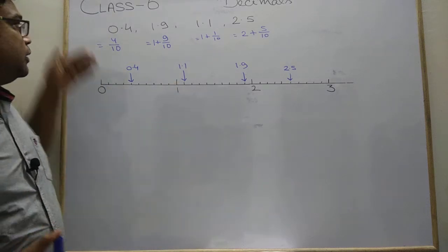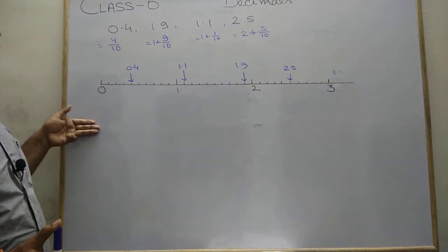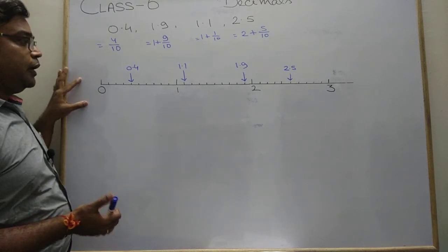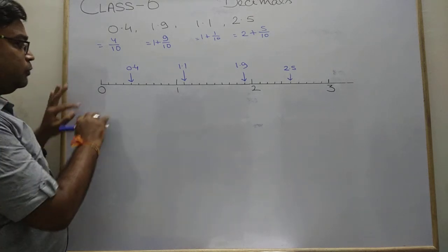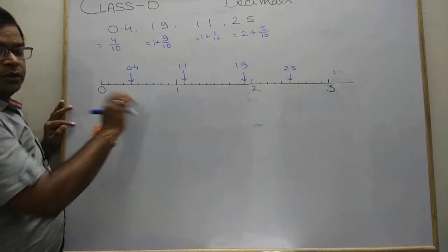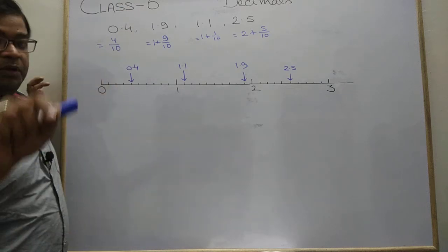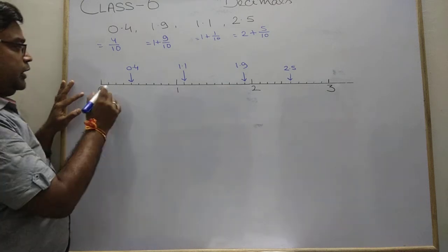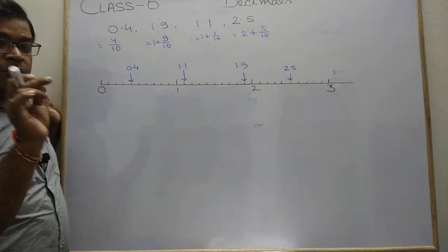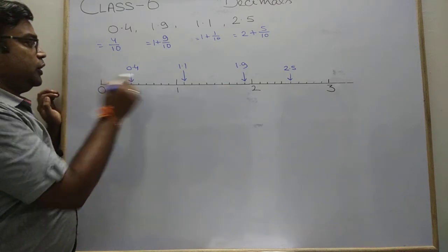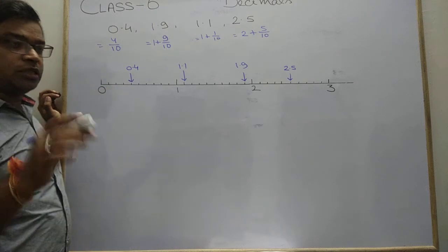Be careful, do not forget any step. When there is a question, draw the number line. Take almost the mid part of the page, not exactly the mid part, almost the mid part, and draw the line first. Then divide the line very carefully with your proper pencil, and then use another colored pen, not the same one.